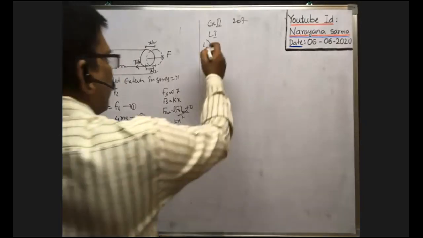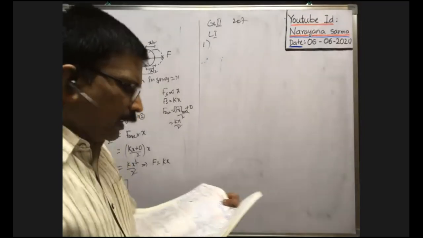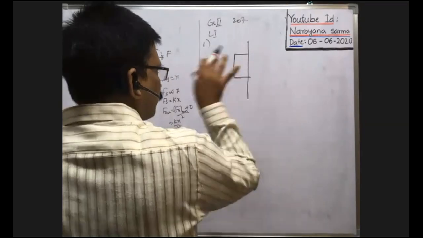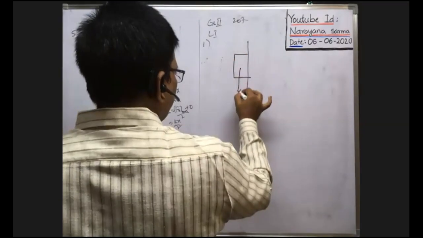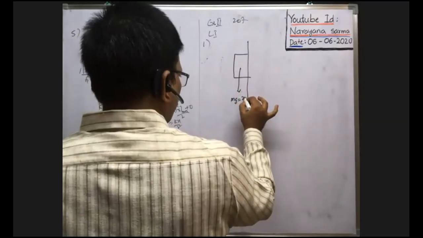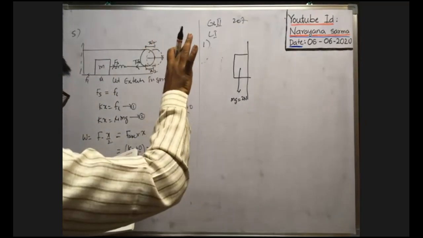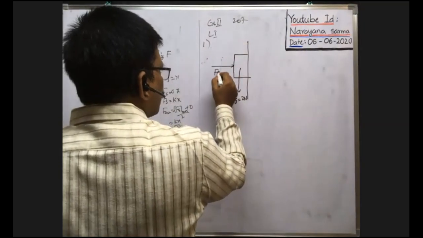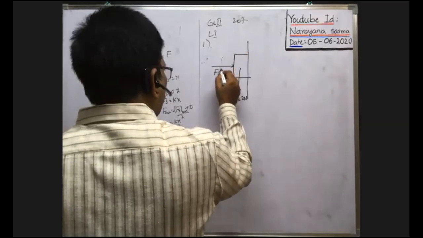You see, first problem. An eraser weighing 2 Newton is pressed against the blackboard. Here there is a blackboard. One eraser is pressed against the blackboard. The weight of the eraser is mg equal to 2 Newton, given. It is pressed against the blackboard with a force of 5 Newton.